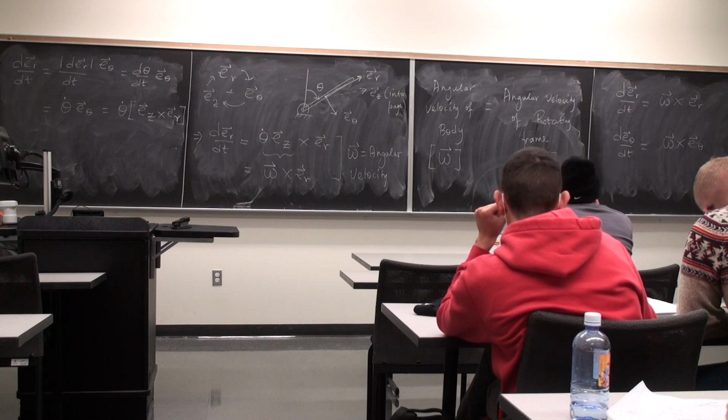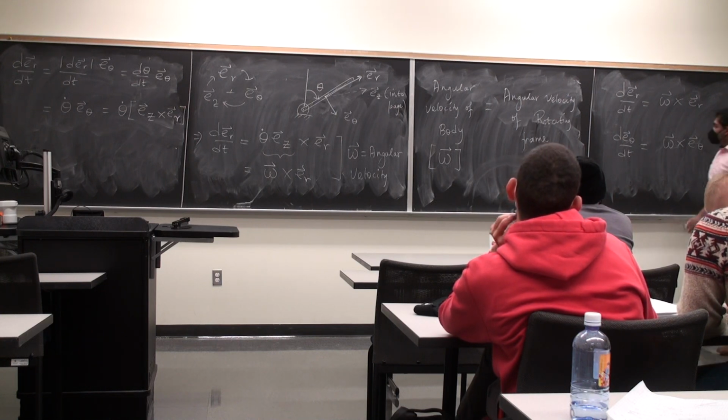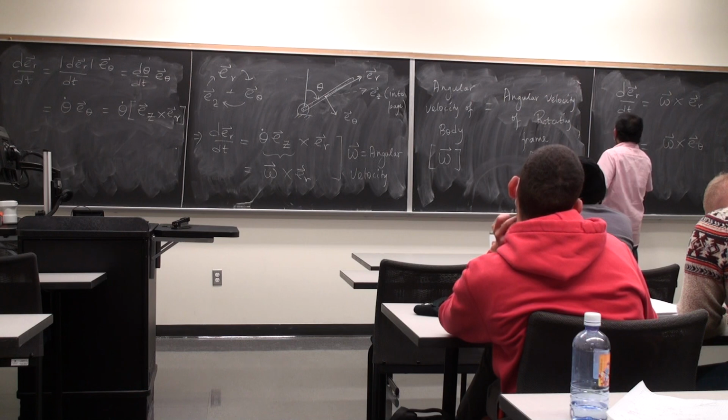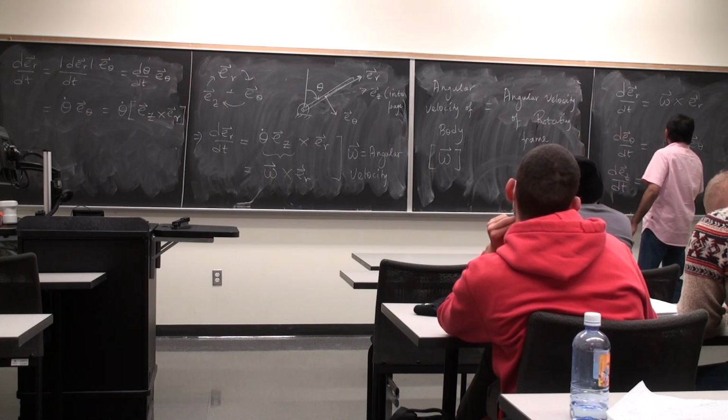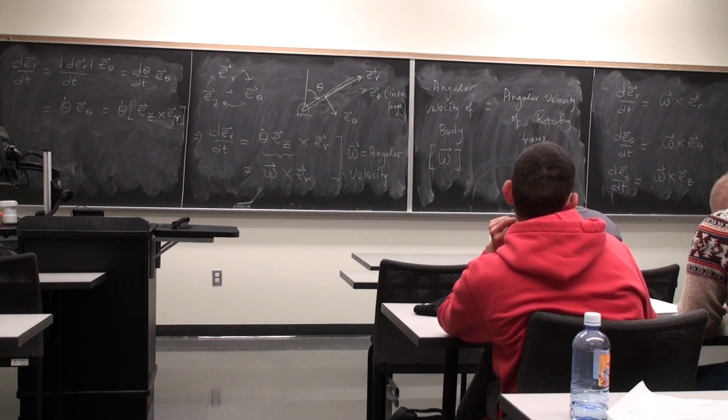Okay, it's easy to prove. Which tells me, and if I do d ez by dt, omega cross ez, so what's that? 0. It's a planar problem, so ez is always out of the plane of the ball, or into the plane of the ball.